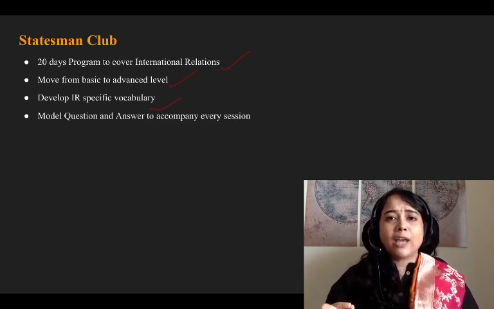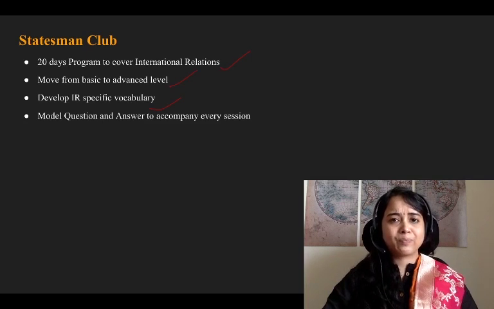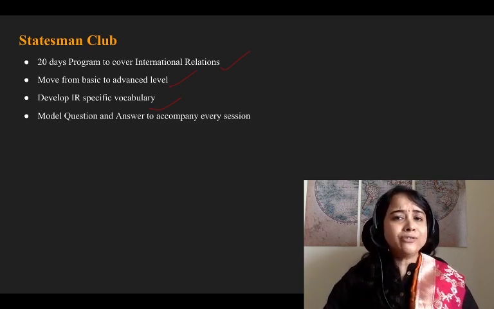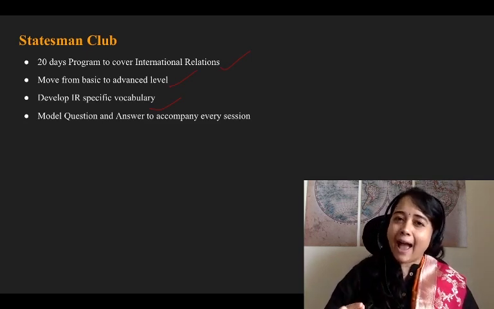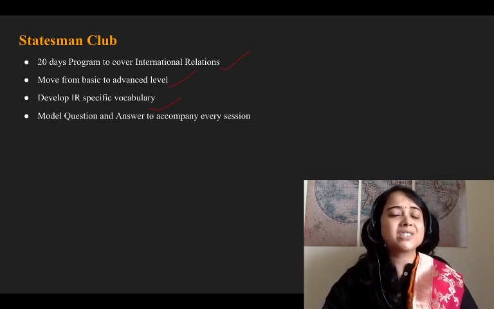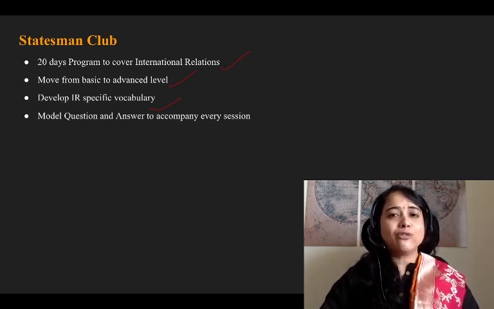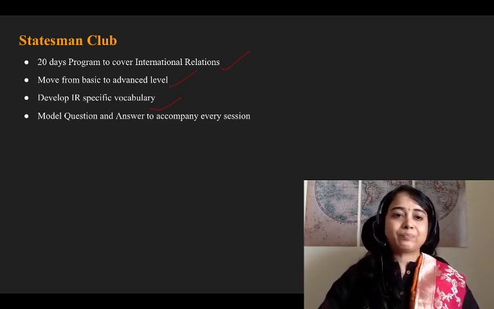This kind of vocabulary helps distinguish a student from his or her peers. Because at the end of the day, we only have 150 to 200 words to impress the examiner. And when you have this kind of vocabulary at your disposal, you can express more in fewer words.